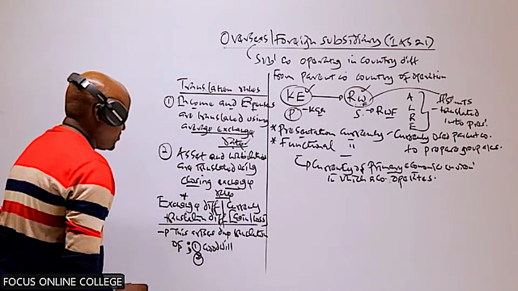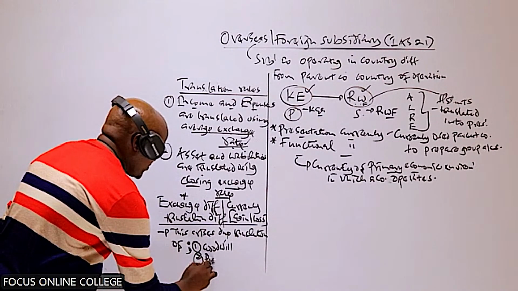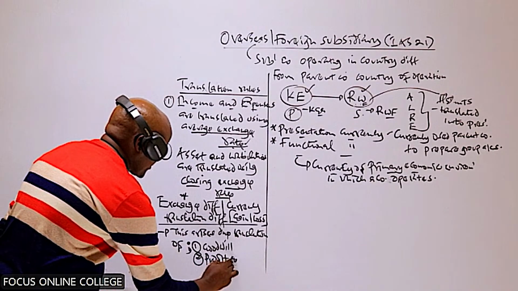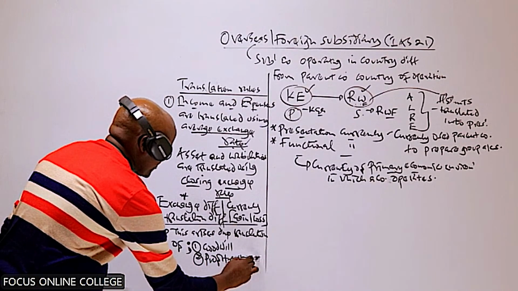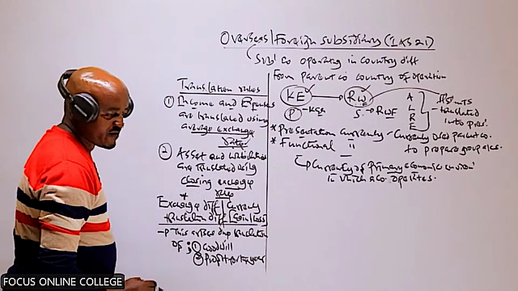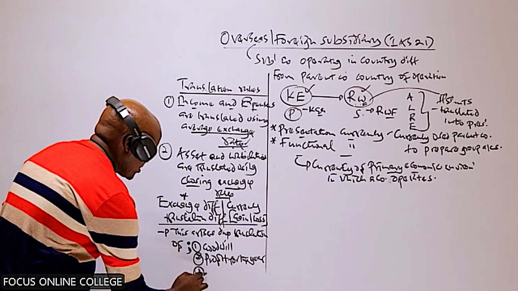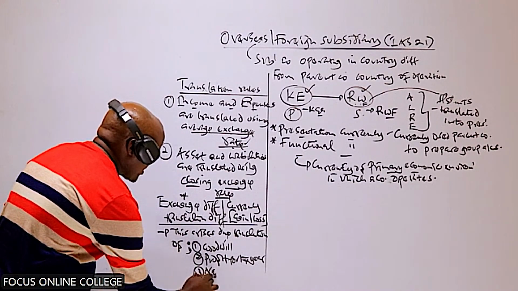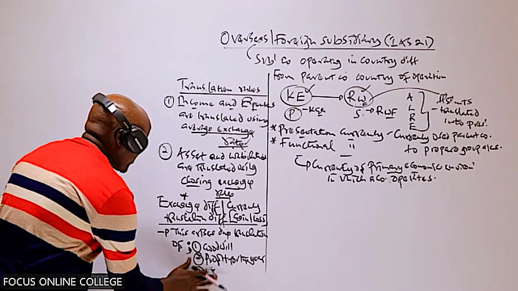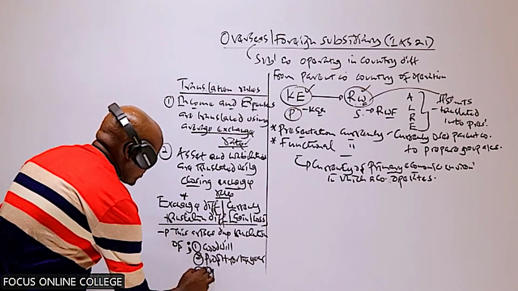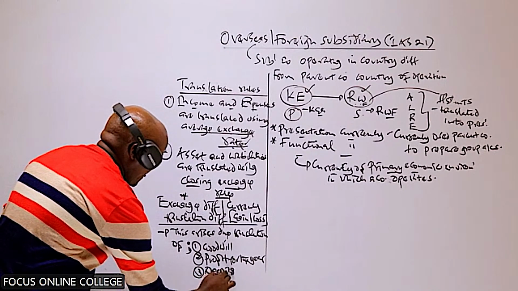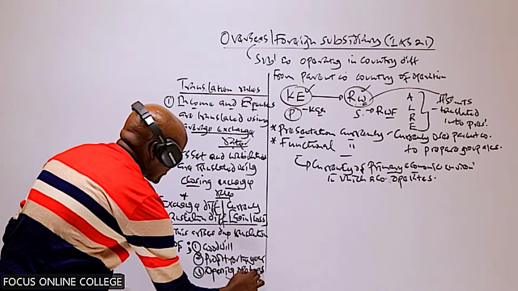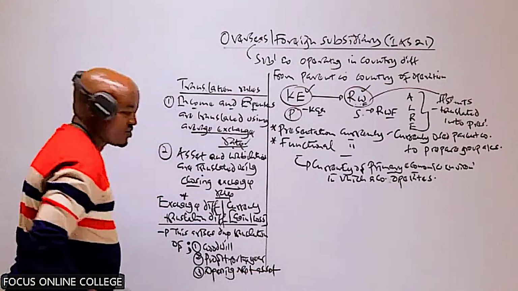Number two is the profit for the year. And number three is the subsidiary company's opening net assets.